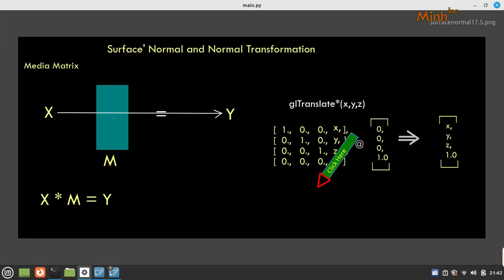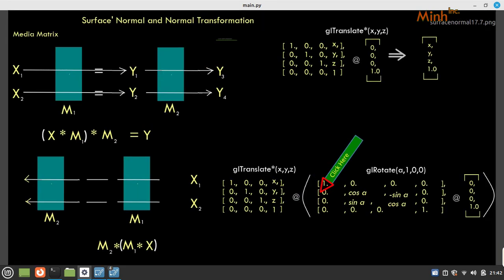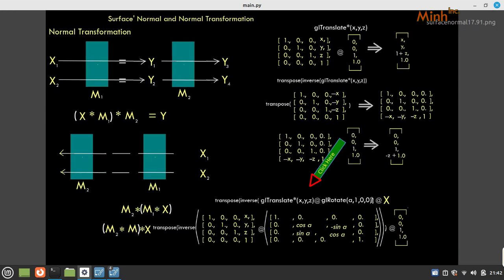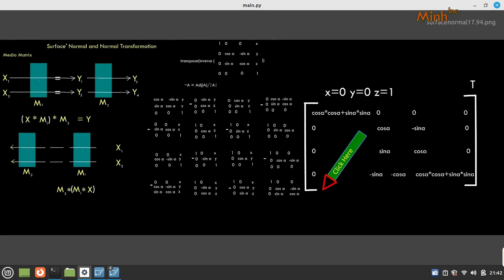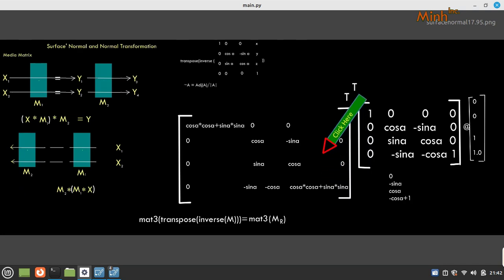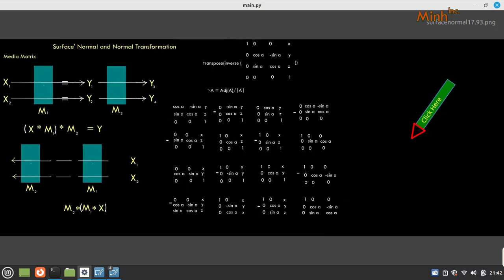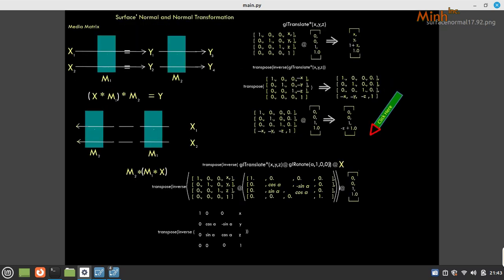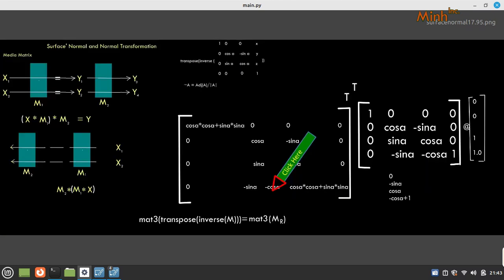If that is the case, then we calculated the transpose and inverse to compute the normal, and we found that the first three rows and columns are nothing but the rotation only: cos A, minus sin A, cos A, sin A. We started with that and it ended up the same.